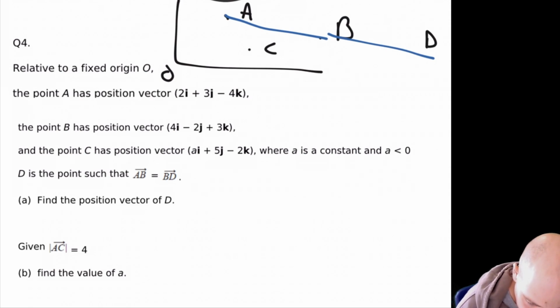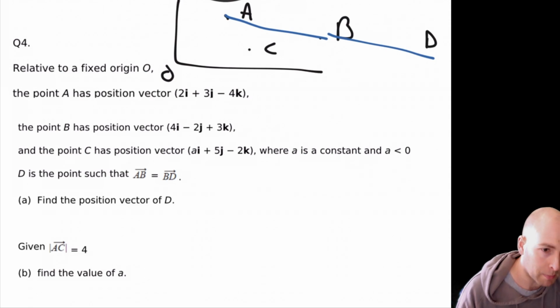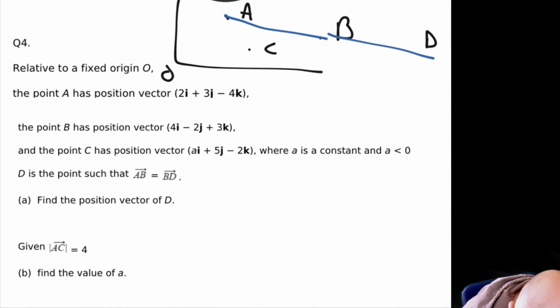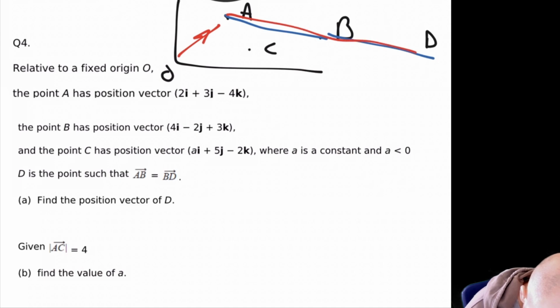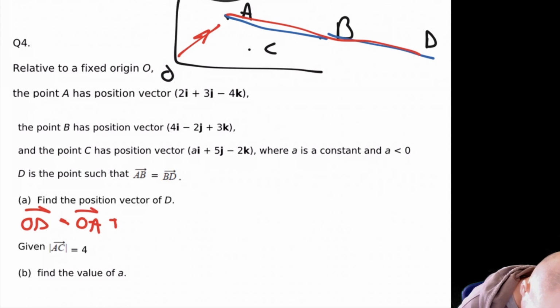So if AB equals BD, they must be the same length and the same direction. So to find position of D, let's go OA and then plus 2AB. So the plan there is OD equals OA plus 2AB.